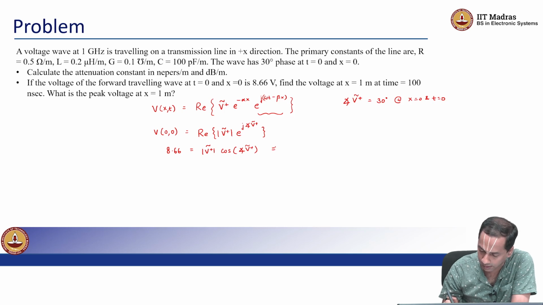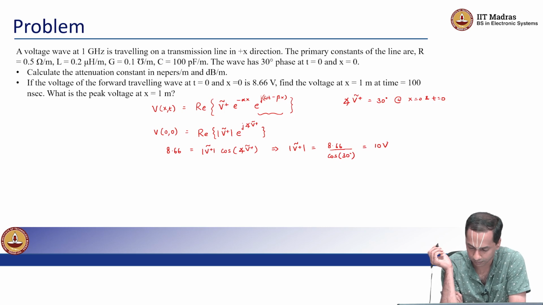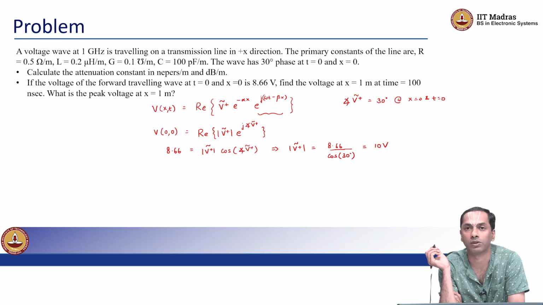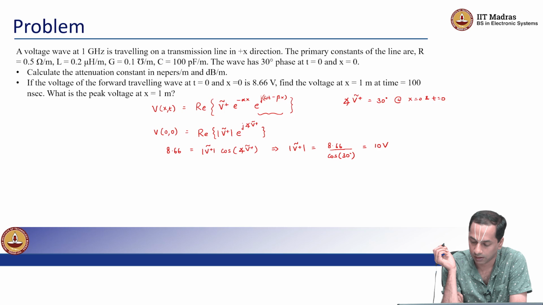So we can actually say that I can get the magnitude of V plus by dividing by cosine of 30 degrees. This happens to be 10 volts. Okay, cosine of 30 degrees is square root of 3 by 2, which happens to be 0.866. So this is roughly 10 volts.